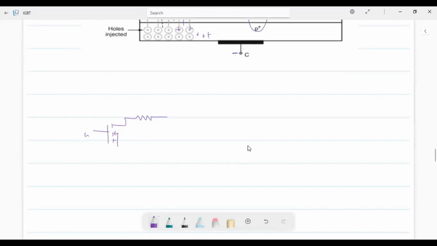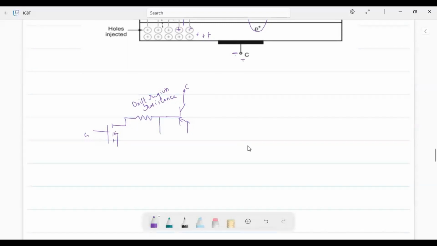This is one resistance that is called the drift region resistance. This is being connected to one PNP transistor. This is the collector terminal, this side.